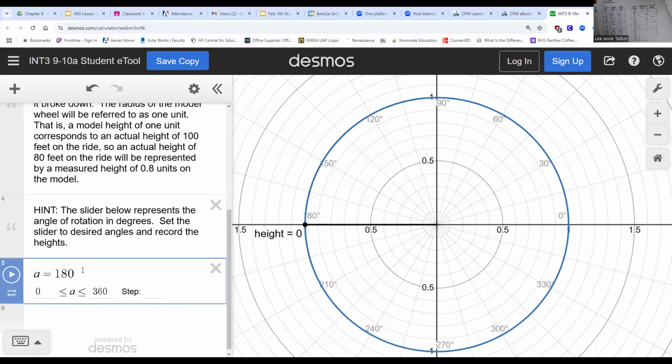Okay. So what's going to happen when I go to 195? The height's going to be the same number, but it's going to go negative.